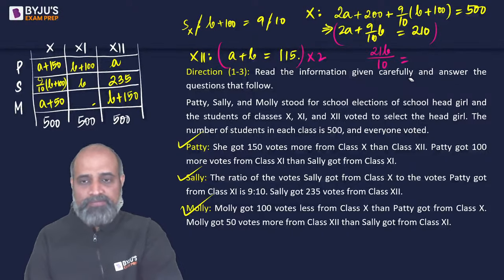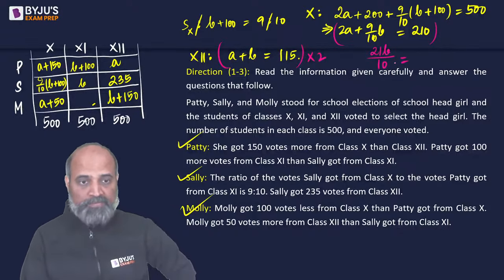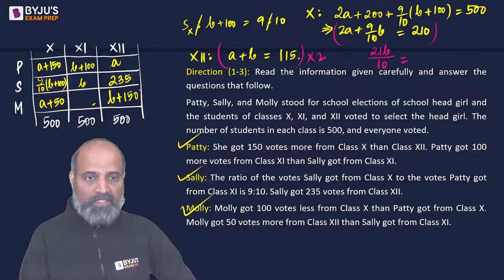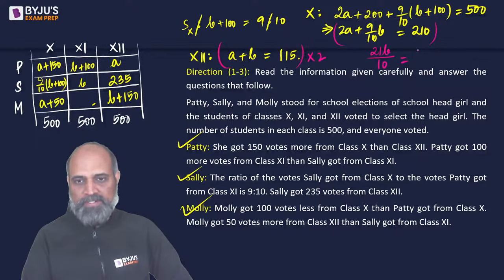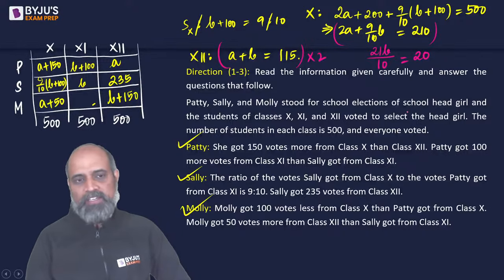और ये 220 हो जाएगा, राइट. 385, 485, 500, 230, 20. And what about the difference? A plus 2A plus 200 plus 9/10 of B plus 100, so 290.